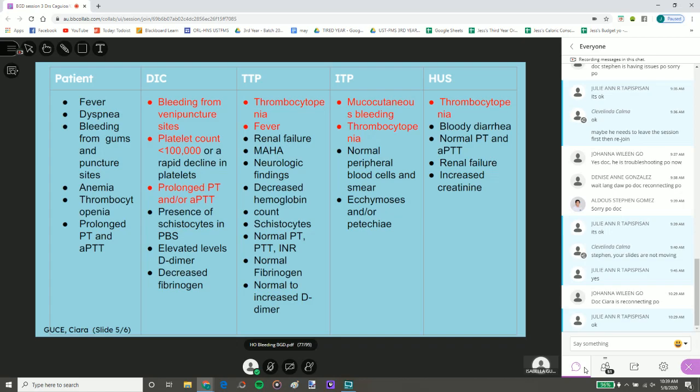So we could rule this out based on this information. As for hemolytic uremic syndrome, this is usually caused by an E. coli infection, which would manifest into renal dysfunction and increased creatinine. However, in our patient, this is not the case.